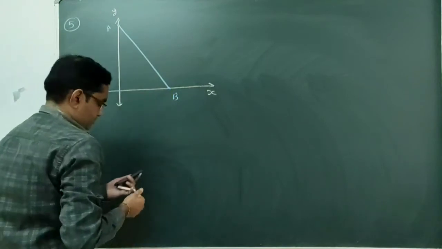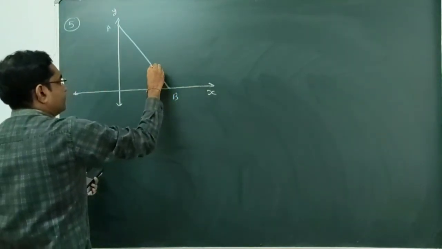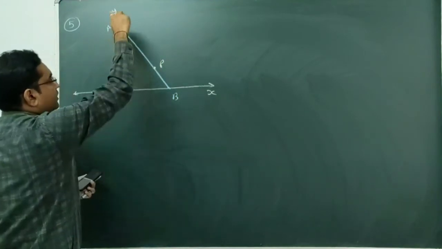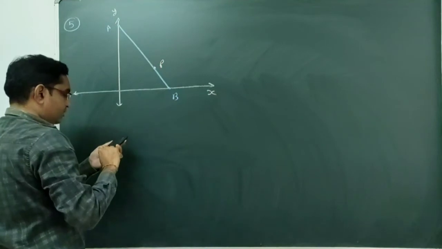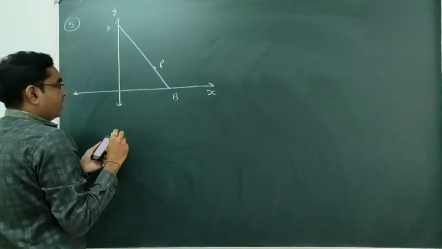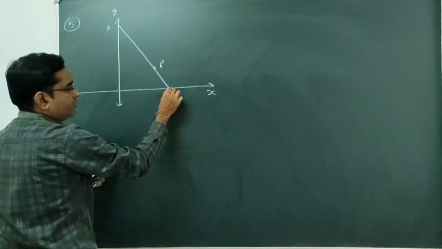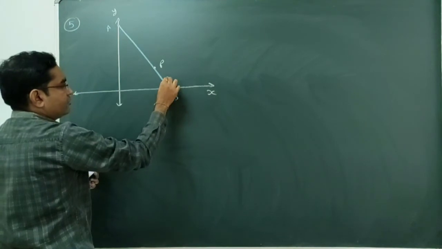So one point on the rod is given. That point P is given. And total length of this rod is 12 centimeter. And this point P is at the distance of 3 centimeter from the end which is in contact with the x-axis. So this is the point which is in contact with the x-axis. From here, we have to consider distance of 3 centimeter.